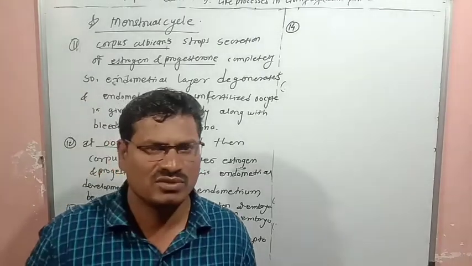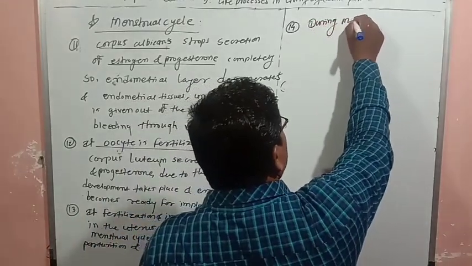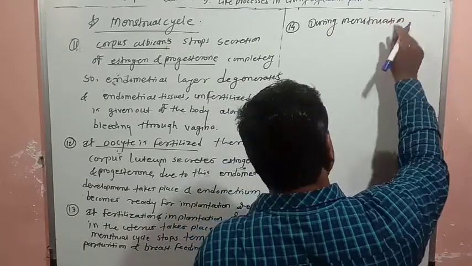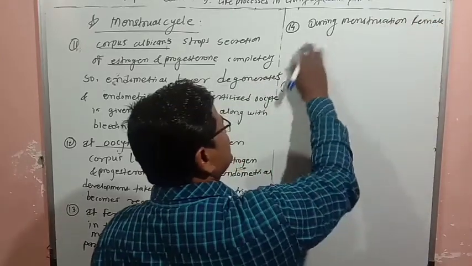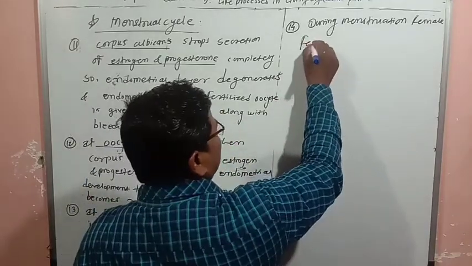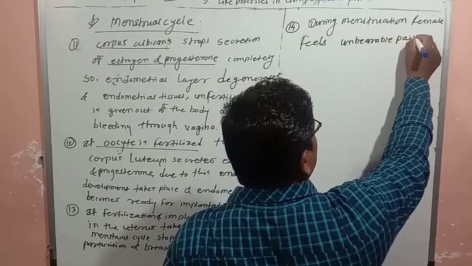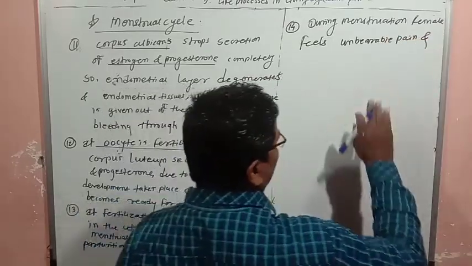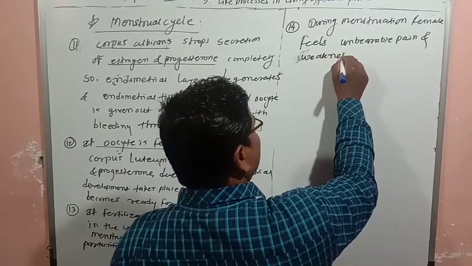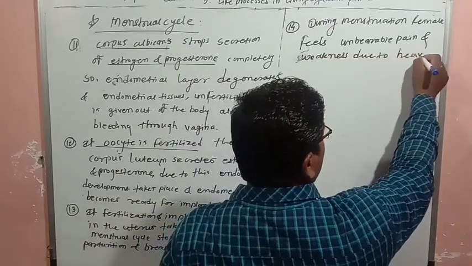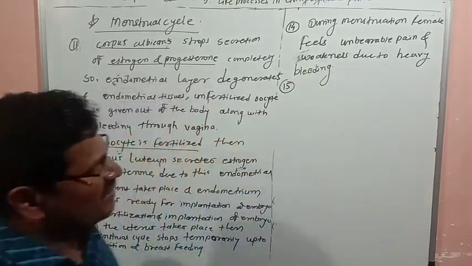So during that particular menstrual cycle, during menstruation, the female feels unbearable pain, unbearable abdominal pain, and weakness due to heavy bleeding. And the 15th point is there.